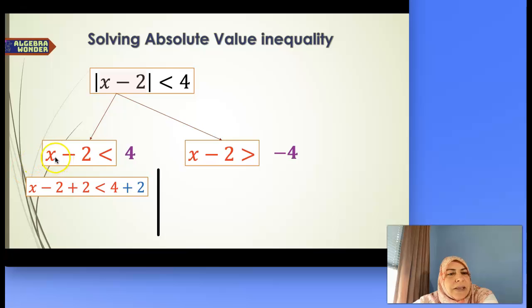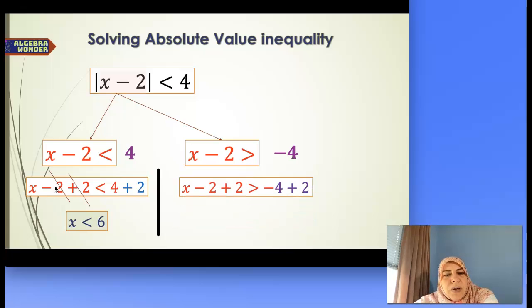And then we just solve this inequality. I'm isolating the x. I have minus 2, so I'm going to use the inverse property of addition by adding 2. Negative 2 and positive 2 are opposite numbers, they give you 0. We get x less than 4 plus 2, which is 6. Or we solve the other inequality. Again, this is minus 2, so I add 2, and if I add 2 on this side, I have to add 2 on the other side.